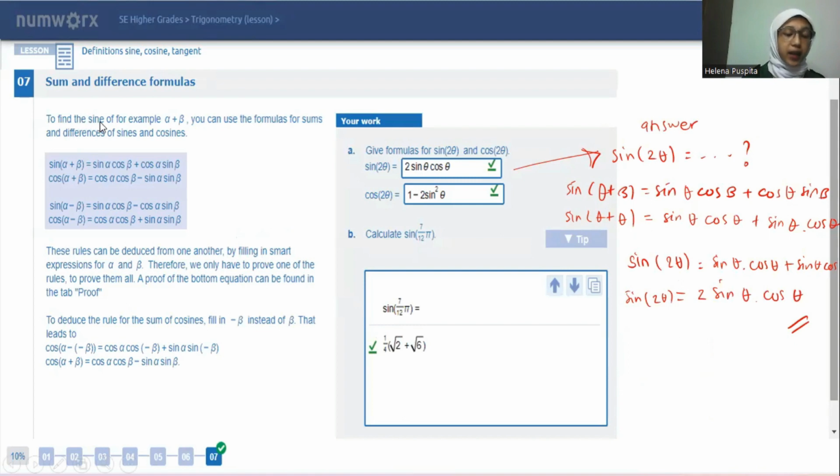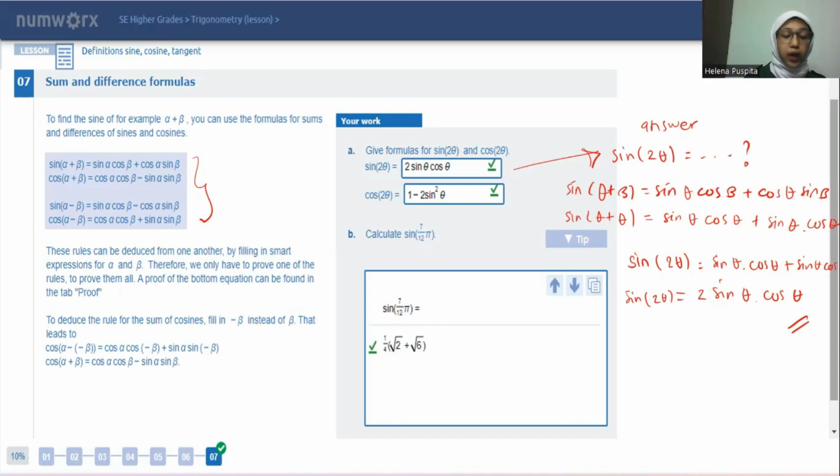Next, question number 7. To find the sine of, for example, alpha plus beta, you can use the formulas for sums and differences of sines and cosines. These rules can be deduced from one another by filling in smart expressions for alpha and beta. Therefore, we only have to prove one of the rules.